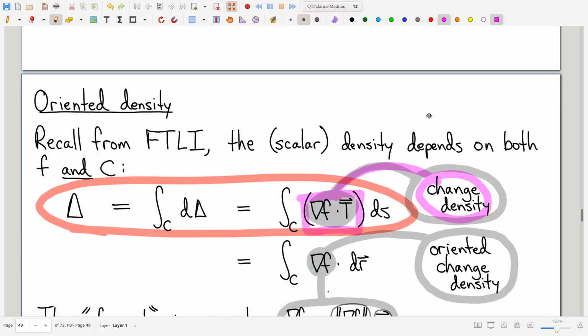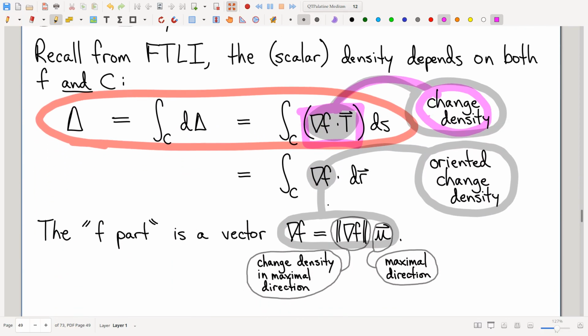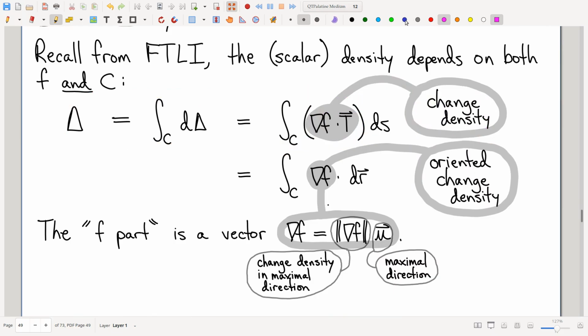So let's remind ourselves what we did in this case. What we did is we argued as follows. We said this thing here, gradient, we're going to call it an oriented density. The quantity in question is change. So I'm going to call this oriented change density. And why would we call this an oriented density?